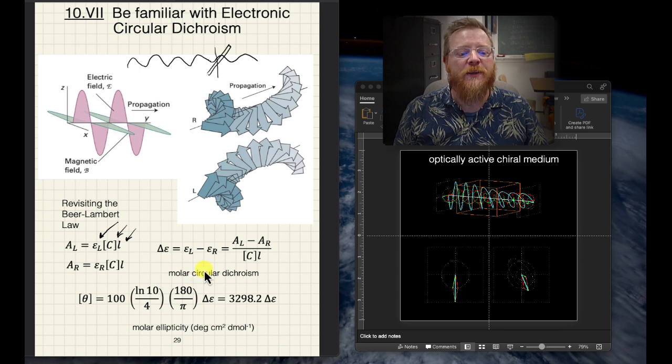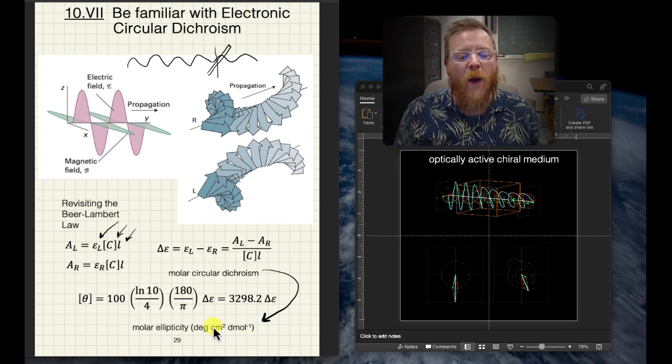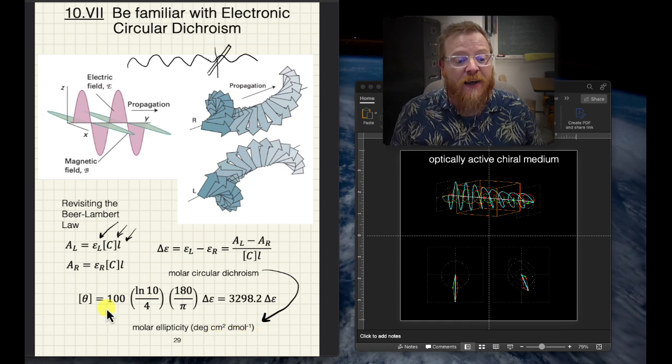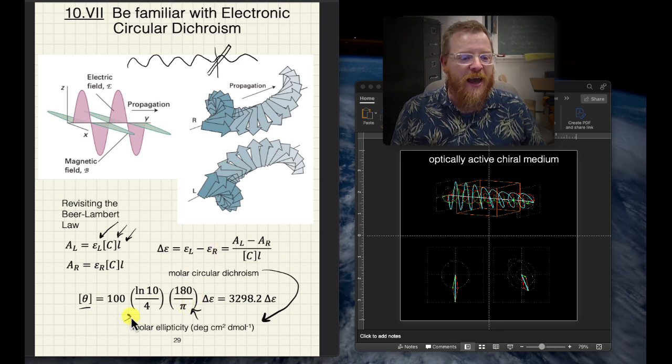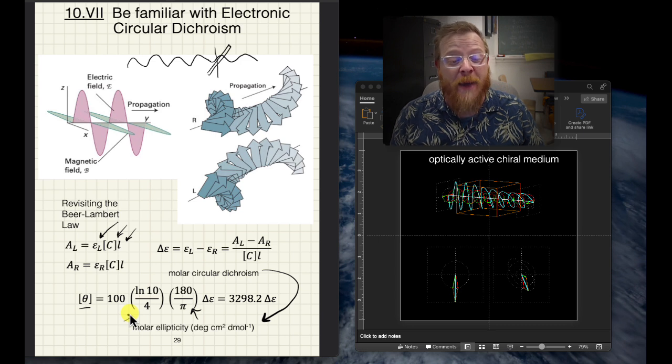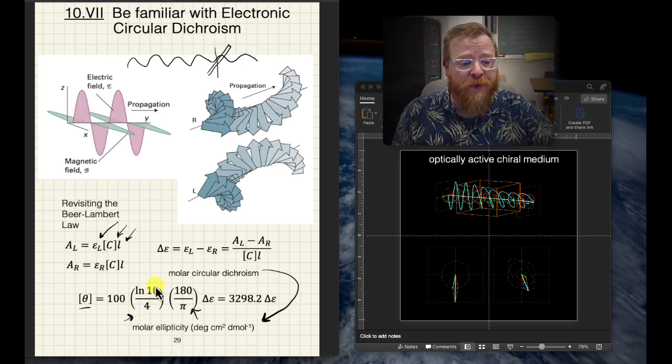So we also commonly see molar circular dichroism expressed in units of molar ellipticity, which is commonly given in degrees centimeter squared per decimole. The way that we express that, that ellipticity is expressed as this angle theta, and there's a whole bunch of these conversion factors. 180 over pi takes it from degrees to radians. ln of 10 divided by 4 changes our base from base 10 to base e, and a number of other things go on in there.